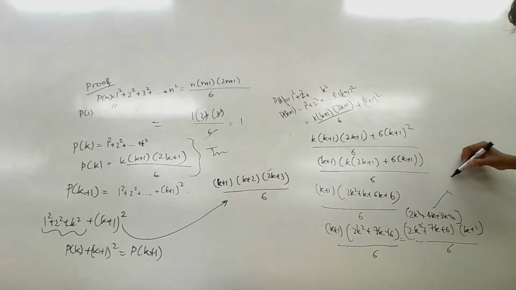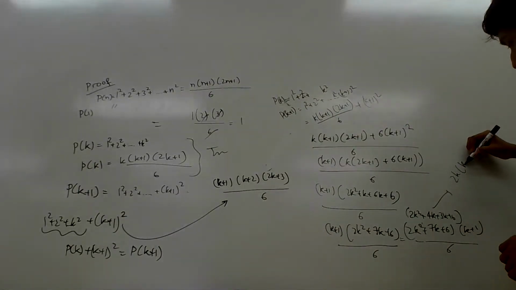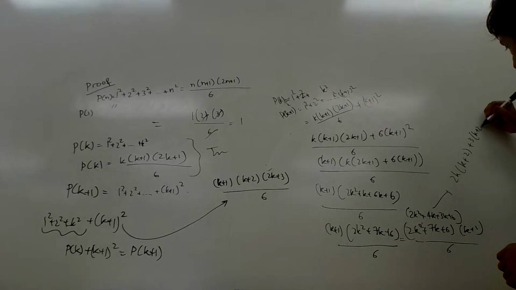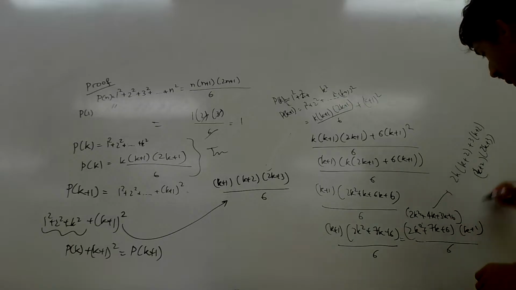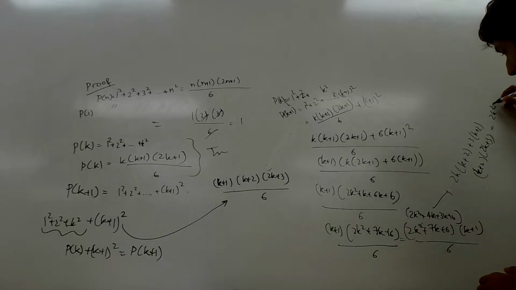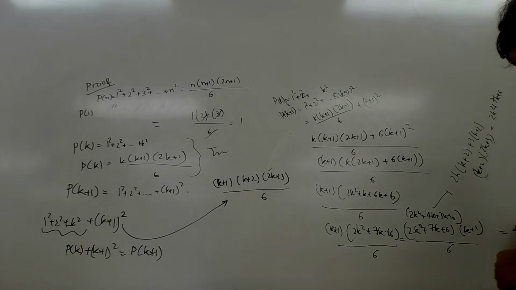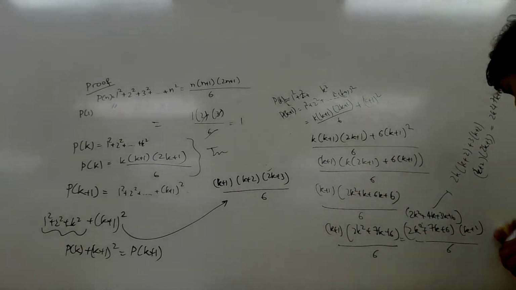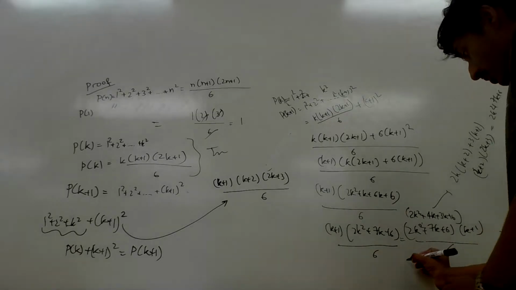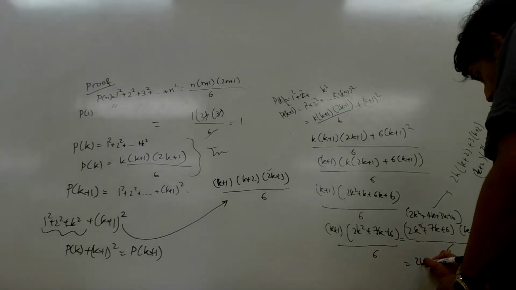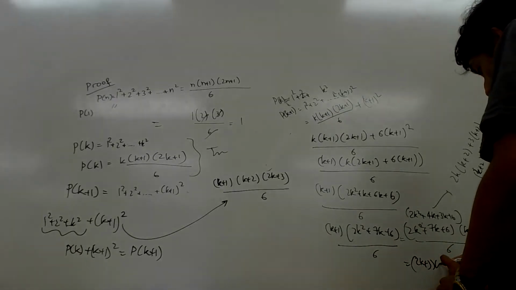Now 2k can be taken common, k plus 2 times 3 times k plus 2. You can factorize k plus 2 times 2k plus 3. So this is equal to 2k squared plus 7k plus 6. So you can replace this value.